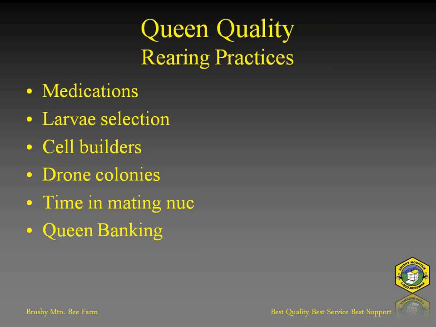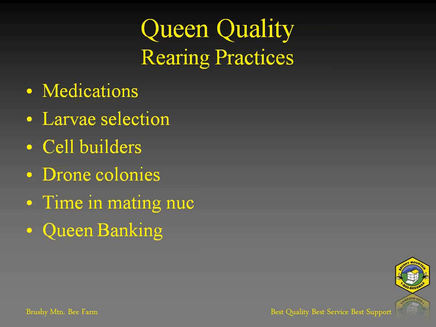And again, you want that cell builder to be chock full of good, young, healthy bees, because these bees are the ones that have the very active glands that are used to produce the food. If you've got a cell builder that's stocked with older bees, those food glands are not going to be quite as active. They won't produce as good a quality food, and thus you may end up with a somewhat inferior queen as a result.